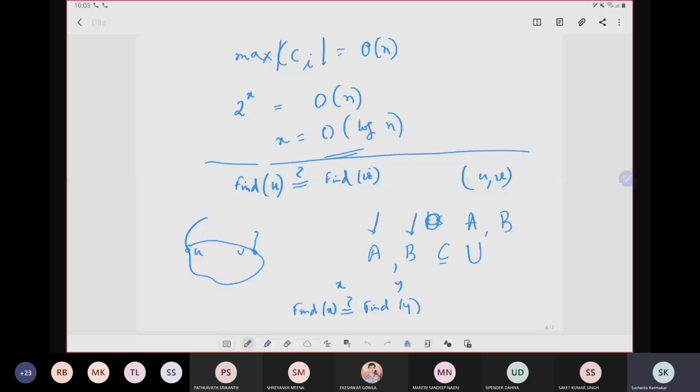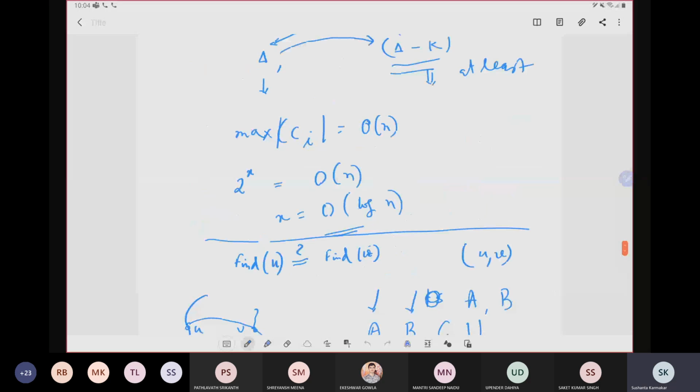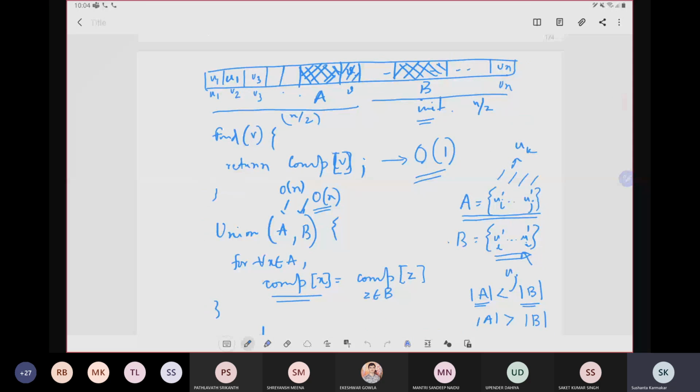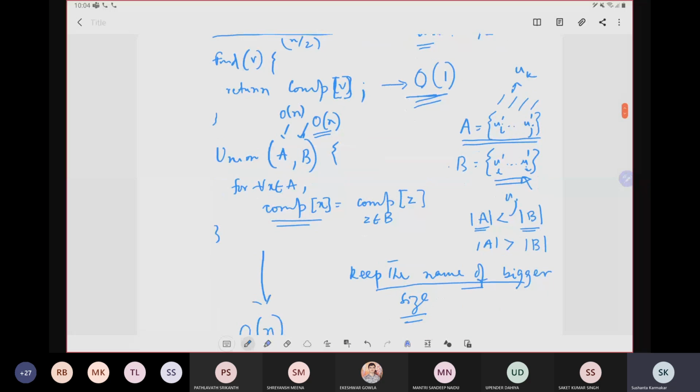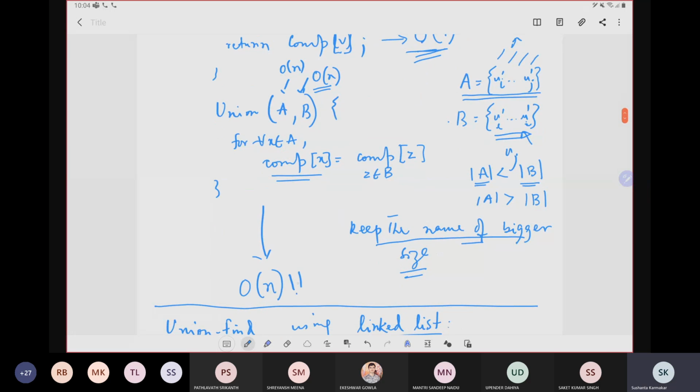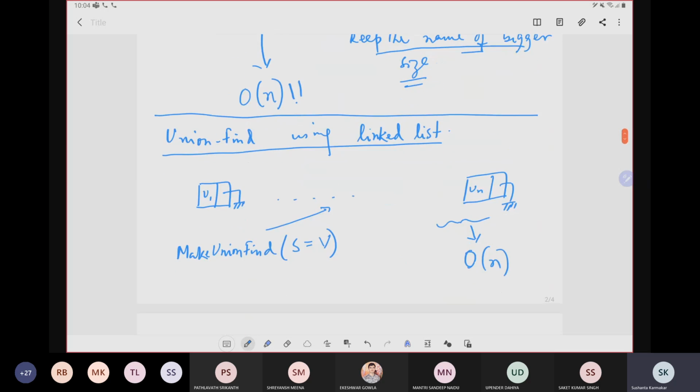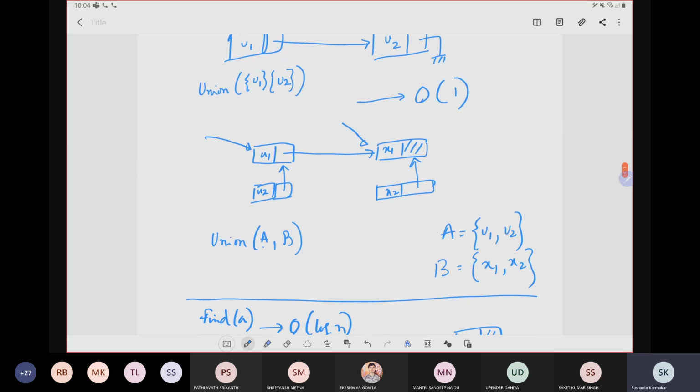The first one is the array implementation, where the union operation is linear, whereas the find is constant time. And the second implementation is based on the linked list.